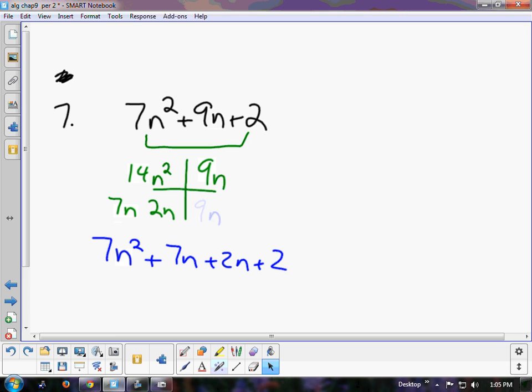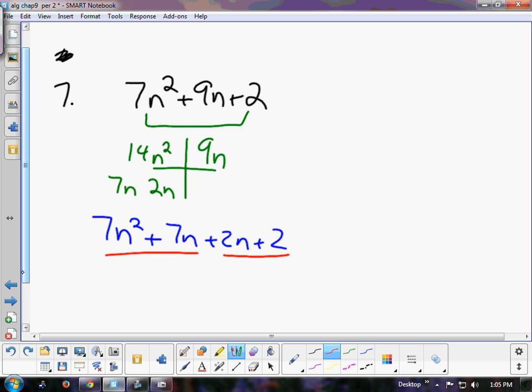That allows us to factor by grouping. We have two groups. It's pretty clear what the GCF of the first group is. Perhaps you could raise your hand and tell me. Yes, Khadija? 7n. What's left inside when you take the 7n out, or you factor it out? N plus 1.